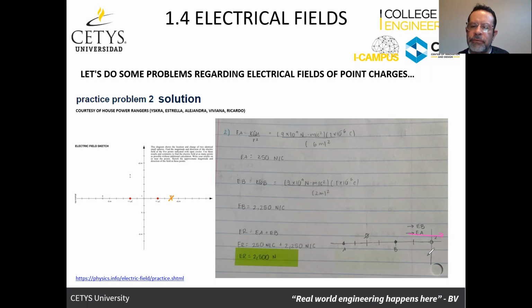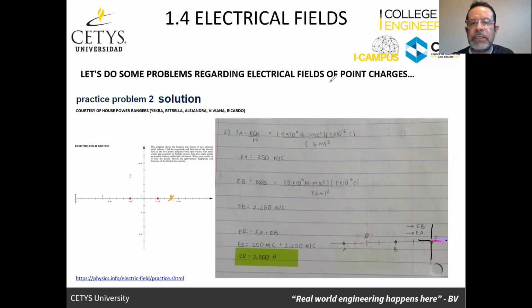And please, when you do the free body diagram, place the electrical fields or forces or whatever we're analyzing on the free body diagram. So that means that EA is going this way, and then we've got EB, because the field is going outwards, going this way as well. Both of them are going to the same side.